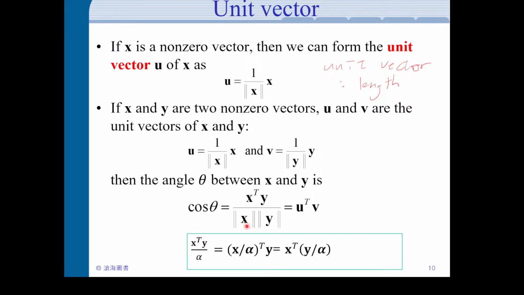So you can have the length of x dividing the x vector, and the length of y dividing the y vector, and it becomes a unit vector of x and a unit vector of y. Here we have a nice expression for cosine theta: a unit vector inner product with another unit vector.